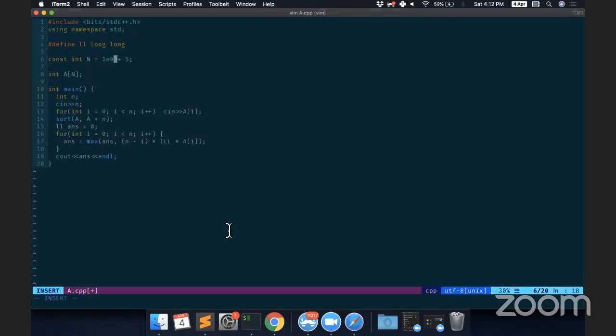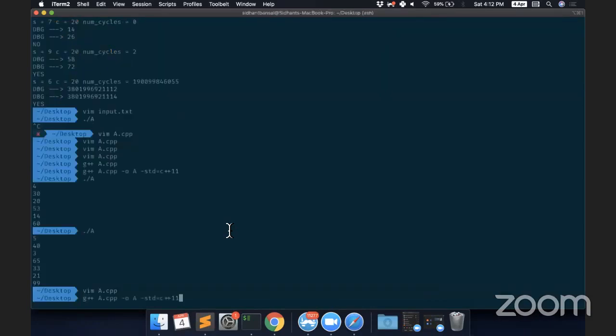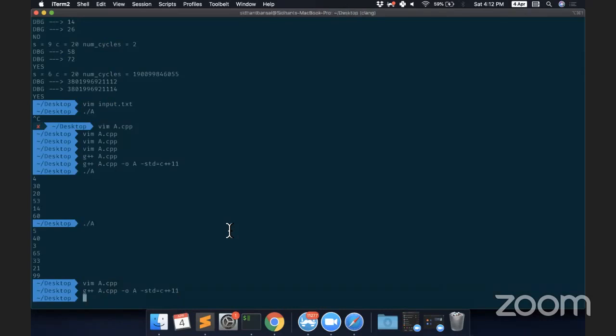Generally how you think about judging time is that the compile time is not counted. That is basically this command: how much time does it take to generate a.exe, which is what I'm trying to run. It might be 5 seconds, it might be 2 seconds.